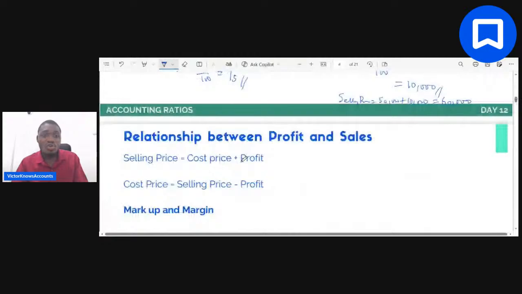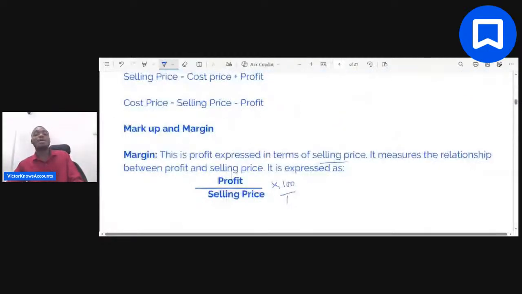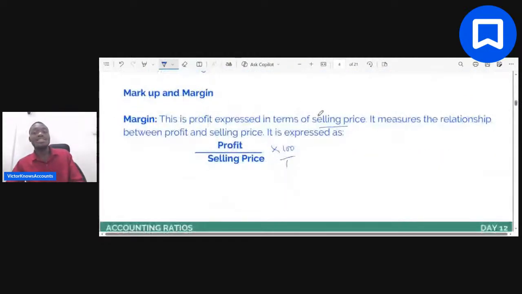All right. So here, profit is expressed in terms of selling price. You want to see the relationship that exists between profit and sales price. Do you understand that? So this is the way it works. You can say you want to get a 10% margin.